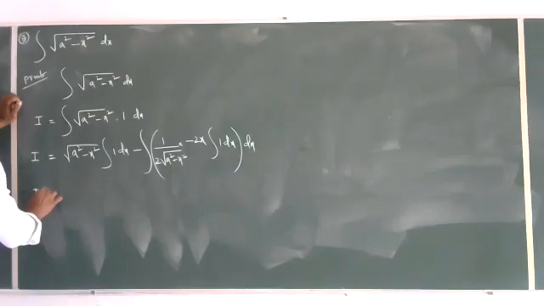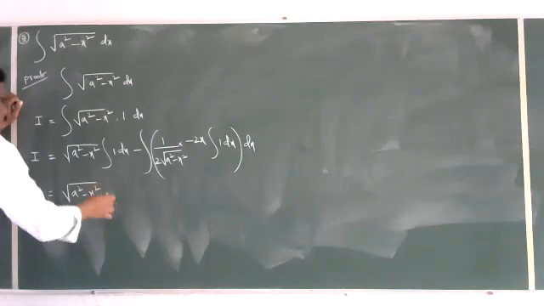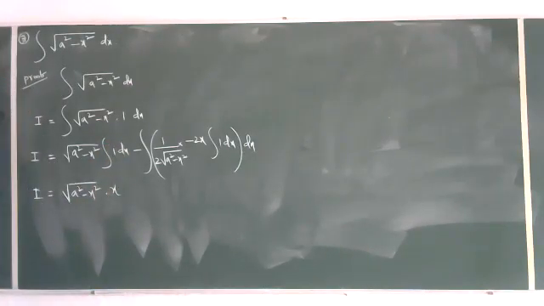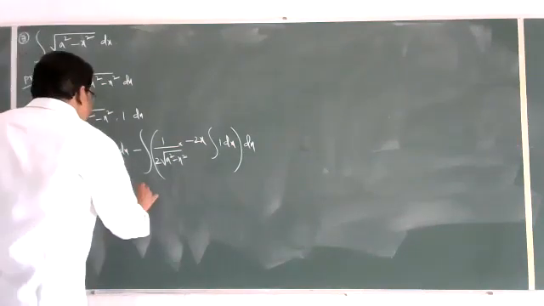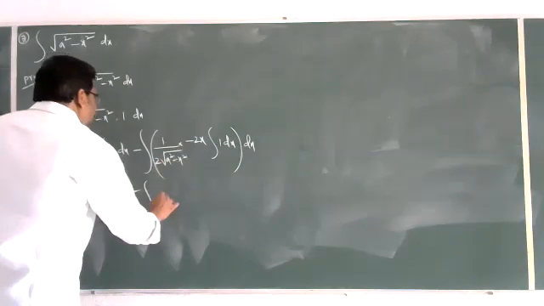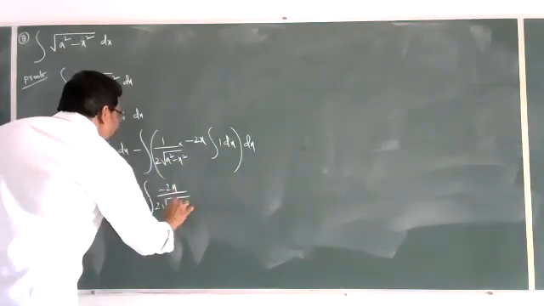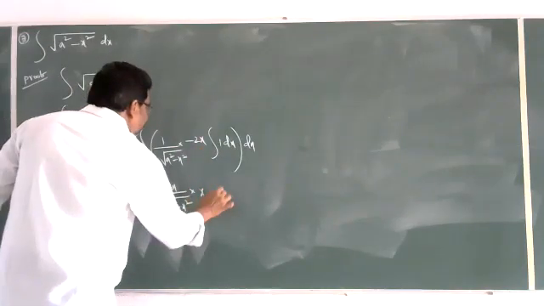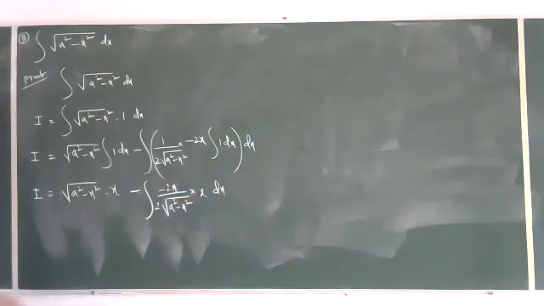That is, I is equal to root of a square minus x square into the integration of 1, which is x, minus integral of minus 2x by 2 root of a square minus x square into the integration of 1, which is x, dx. So here the 2 cancels.